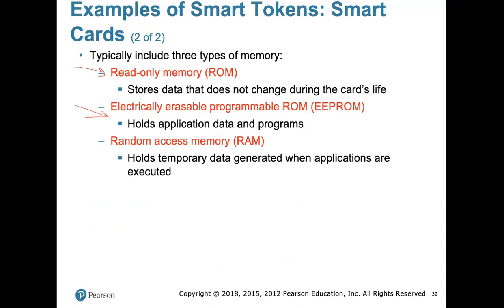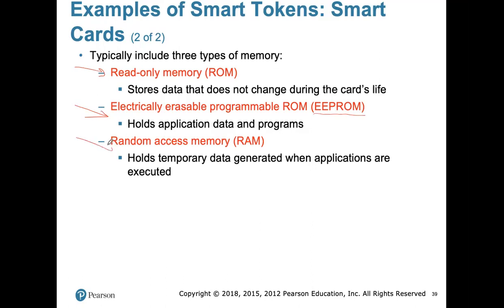For example, you have your debit card, or even in some credit cards, you may have set a PIN, and of course the PIN is a number that you don't want to change frequently, but at some point you may want to change or update your PIN. That PIN is written on an E2PROM, or electrically erasable programmable read-only memory. So you don't change it frequently, but at some point you may want to.